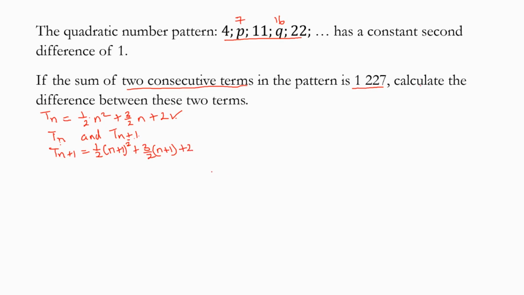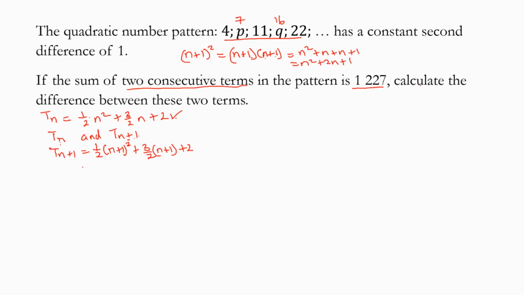Right, we can simplify this. Let me expand n plus 1 squared there. Just know that n plus 1 squared is equal to n plus 1 times n plus 1. So n times n is n squared, n times 1 is plus n, 1 times n is plus n, 1 times 1 is plus 1. Then we have n squared plus 2n plus 1.